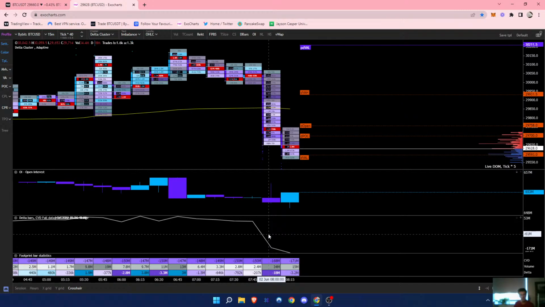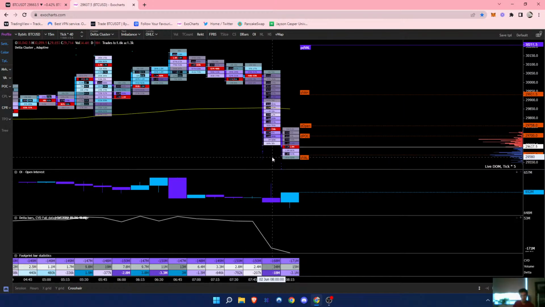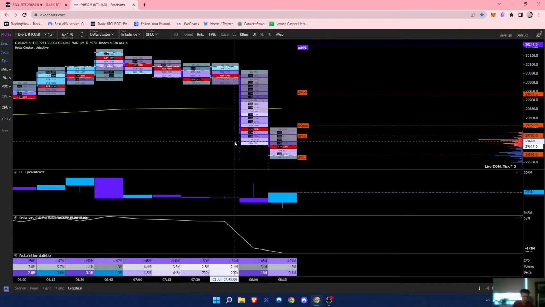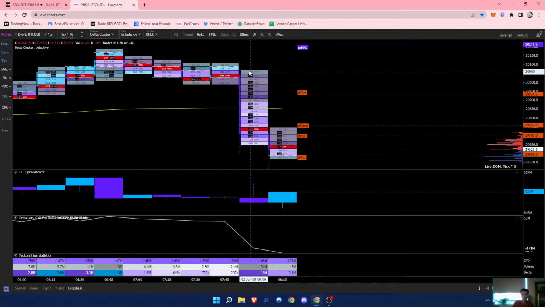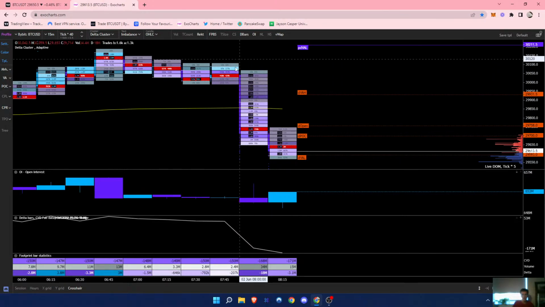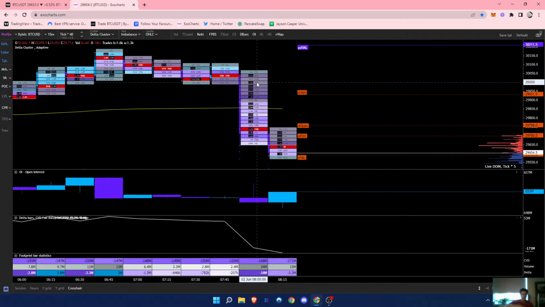And then of course you want to see delta or CVD making all-time highs as price is making all-time lows or lower lows, to say, for a bearish scenario. So again, this is absorption in a nutshell. It's really whenever there is a large limit, as most of these are market orders coming into the market.